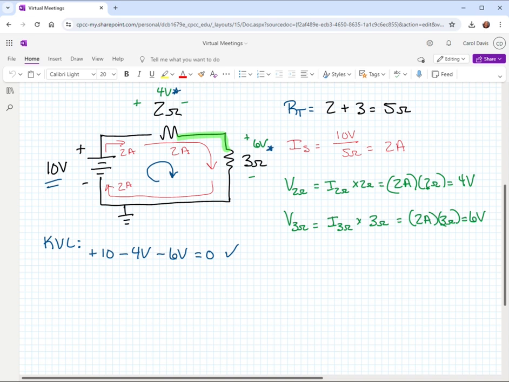What happens when that breaks is you no longer have a path for the current. So this 2 amps here essentially goes away. There's no path for that current to get back to where it started. So 0 amps, 0 amps. I'm going to write over here.